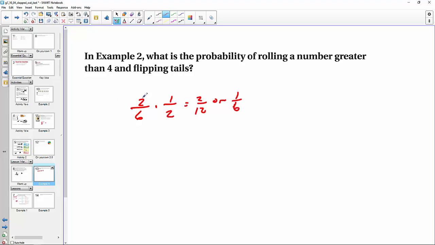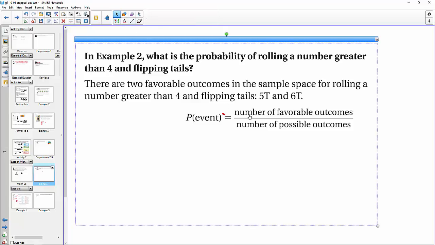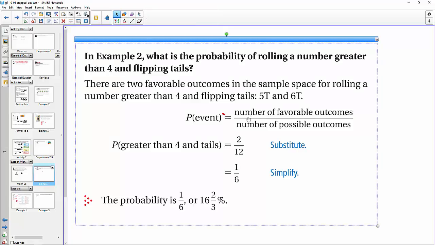So again, it's 2 of these because number greater than 4 on a number cube is number 5 and number 6, that's 2 out of possible 6 different outcomes. And then the tail is 1 out of 2 possible outcomes. So when I multiply, that's what I get. So there you go. Then you can divide this and simplify.